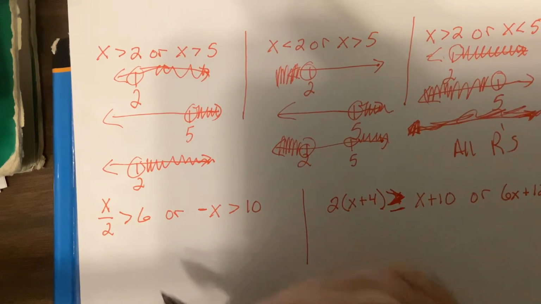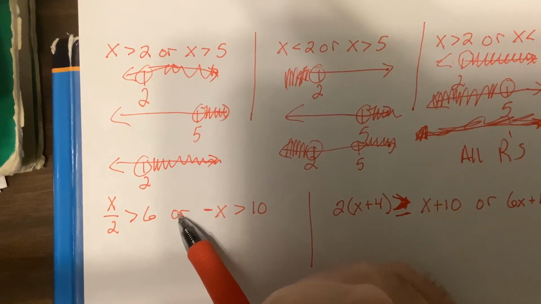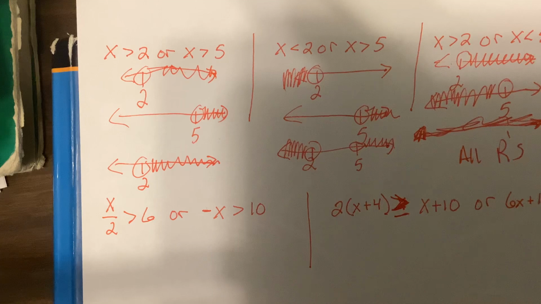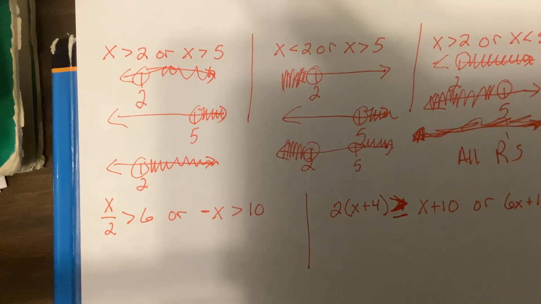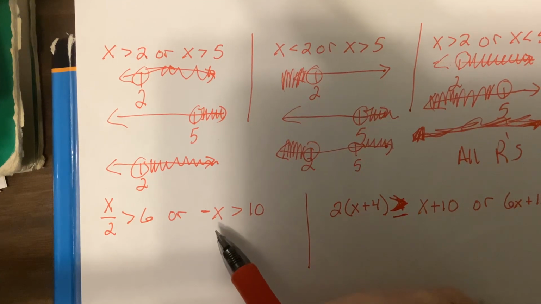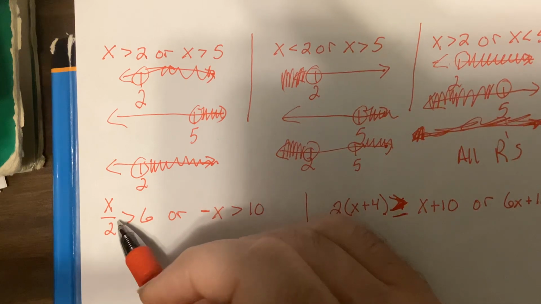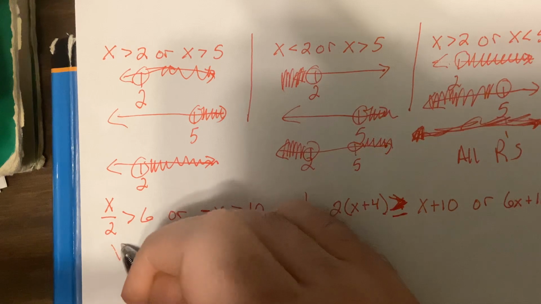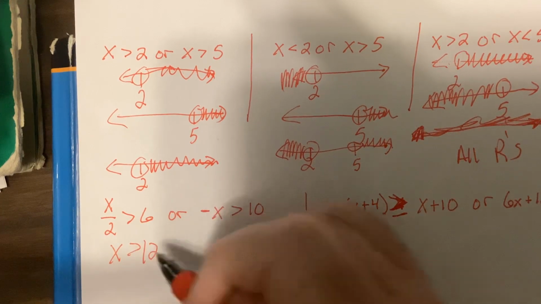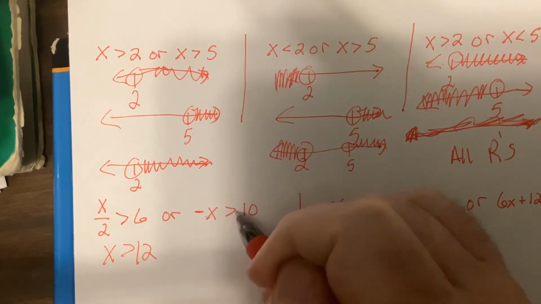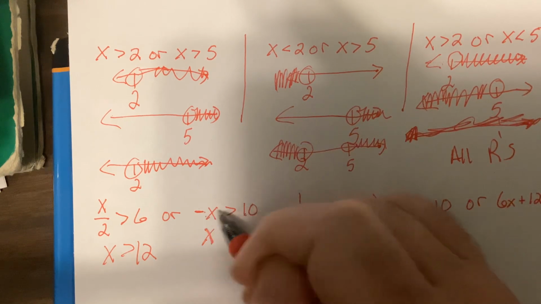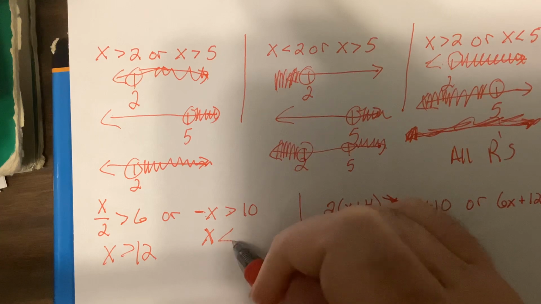So let's look at a problem. Notice or, we have 2 parts to it. Could have 3 or 4, depending on the problem, but this one has 2. So to solve, I'm going to multiply both sides by 2, so I'd have x is greater than 12. Here I'm going to take the opposite of both sides, but whenever you multiply or divide by a negative, you got to switch the inequality.